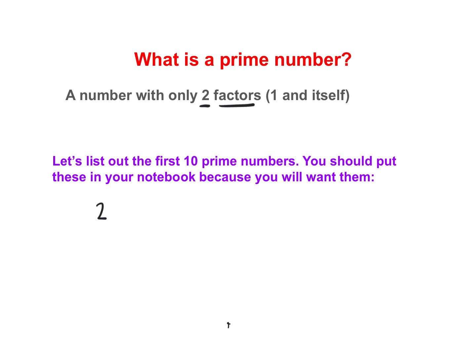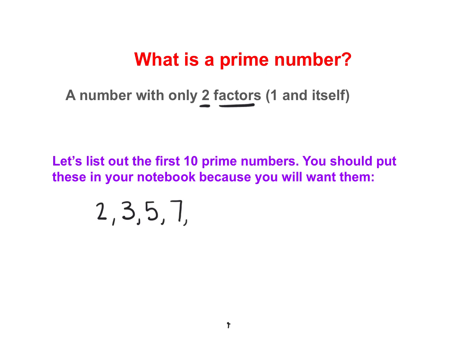And then 3 is prime. 4 is not, 5 is, 6 is not, 7 is, 8 is not, 9, now even though 9 is an odd number, it is not prime because you can also do 3 times 3.